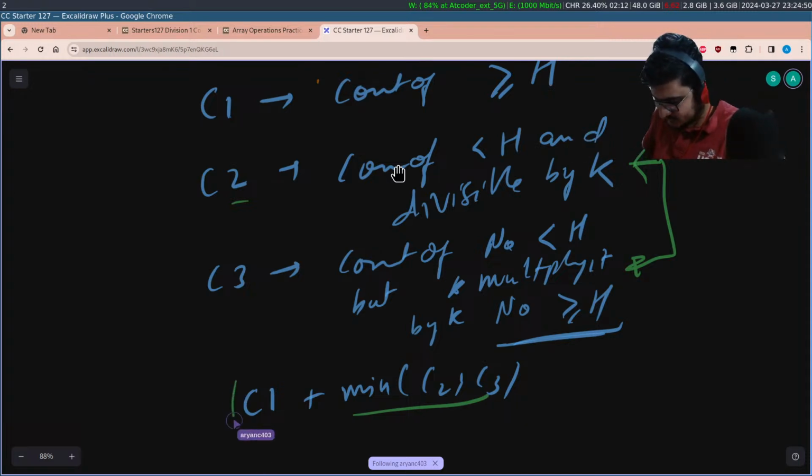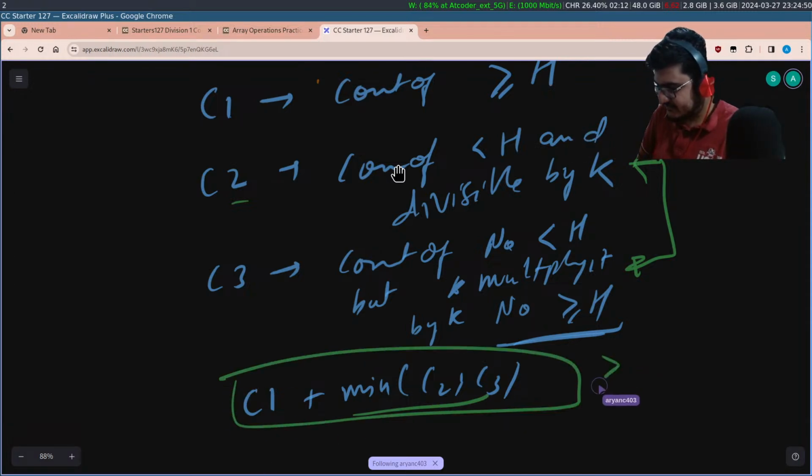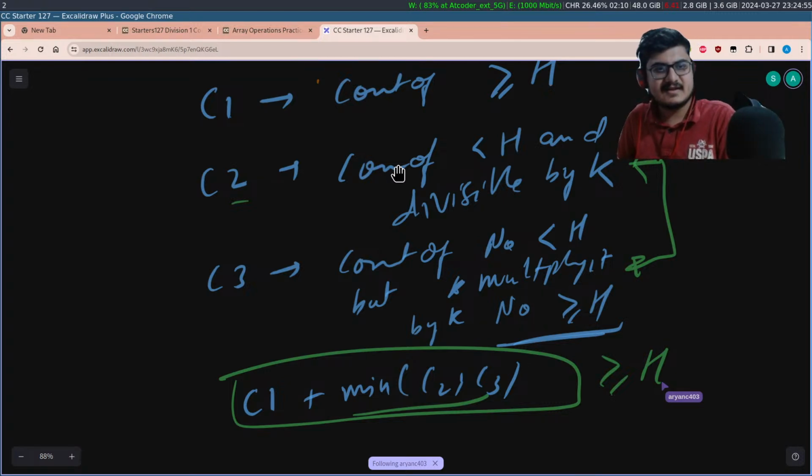So my first idea was to simply look at this and check if it's greater than or equal to h, print yes, otherwise no. I think some of you would have tried it, anyone in the chat who tried this idea and got a WA? So this was the first idea, and the answer is that this gets a WA.